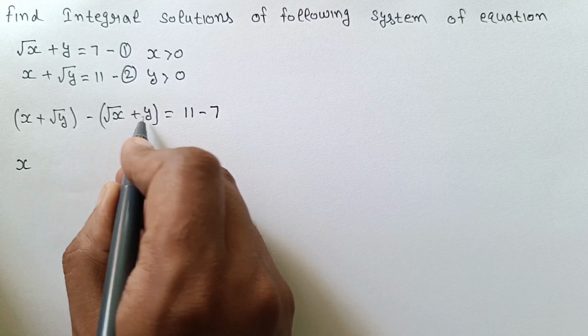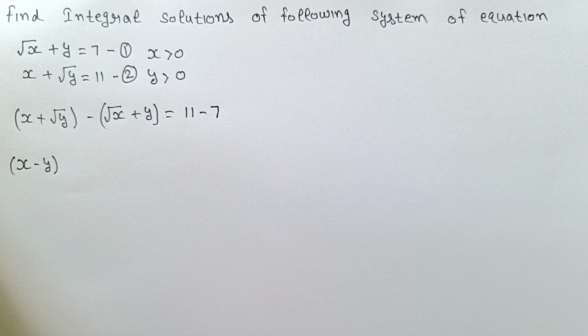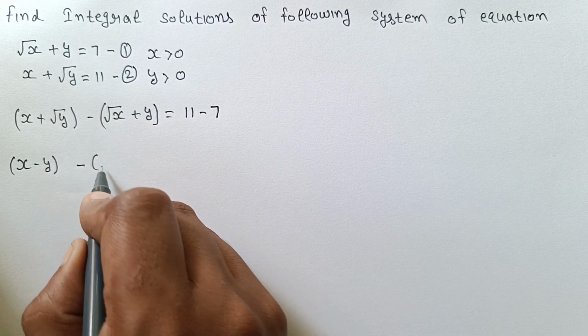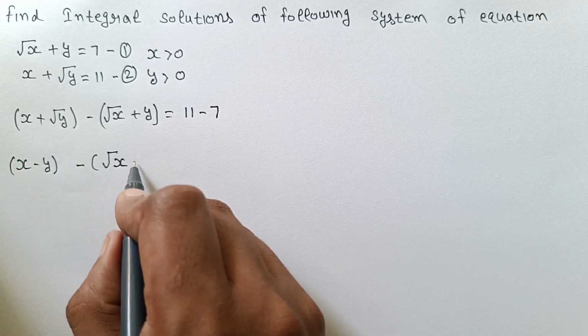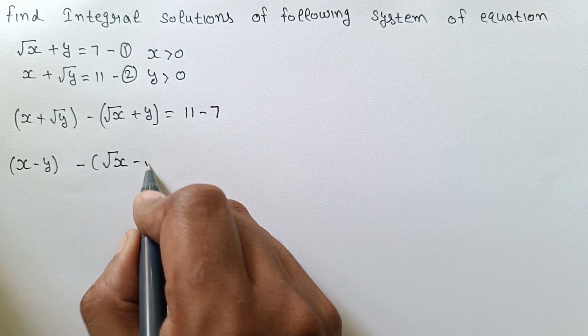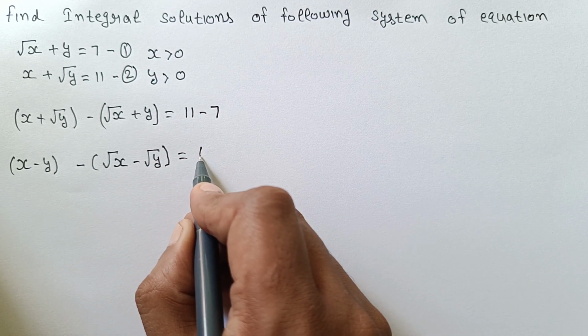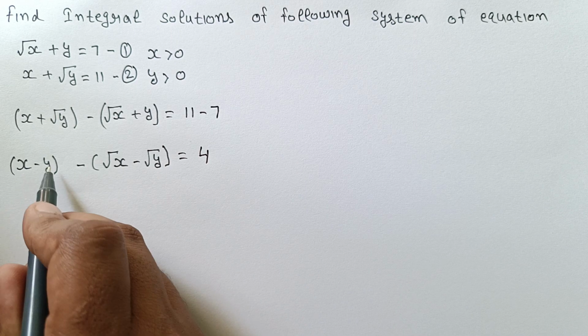Here x minus y I put as a bracket, and here it is minus square root of x plus square root of y, and I take minus as common, so here I get square root of y equal to 4.